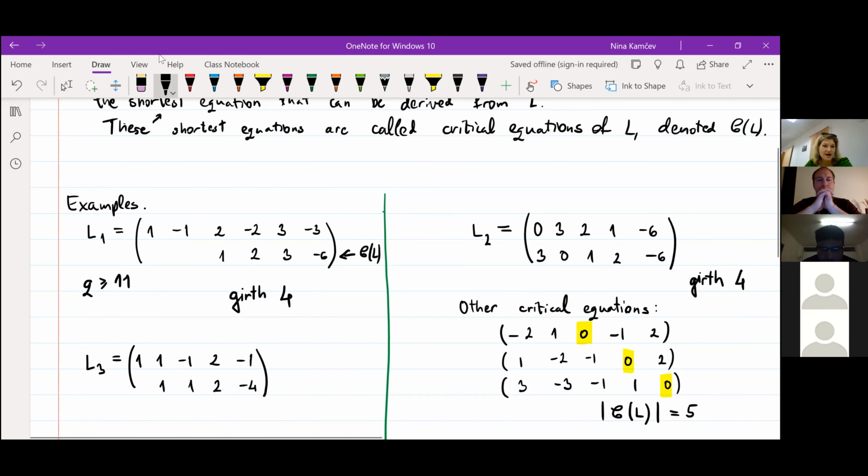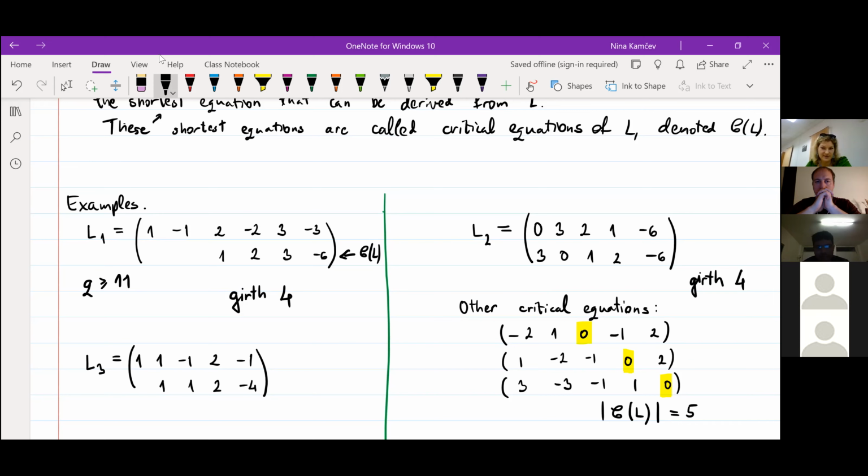Okay. So are there any questions on this definition of girth and critical equations? Okay, looks like not. So let me just then give you a couple more examples. So here's already another system, L3.